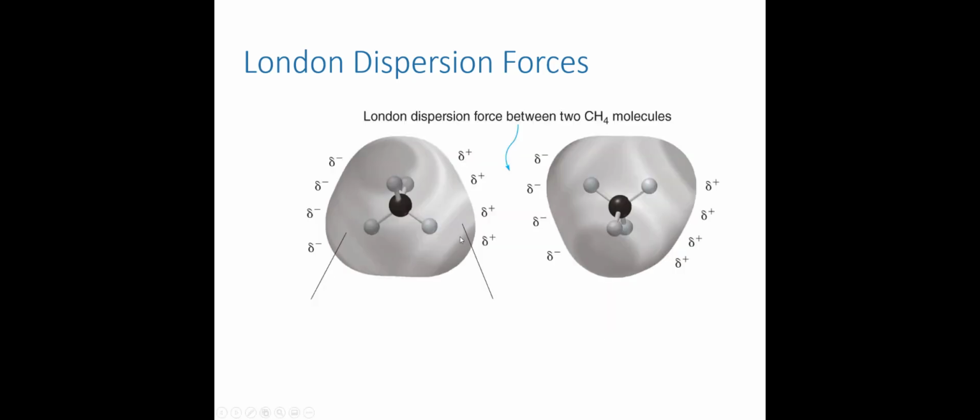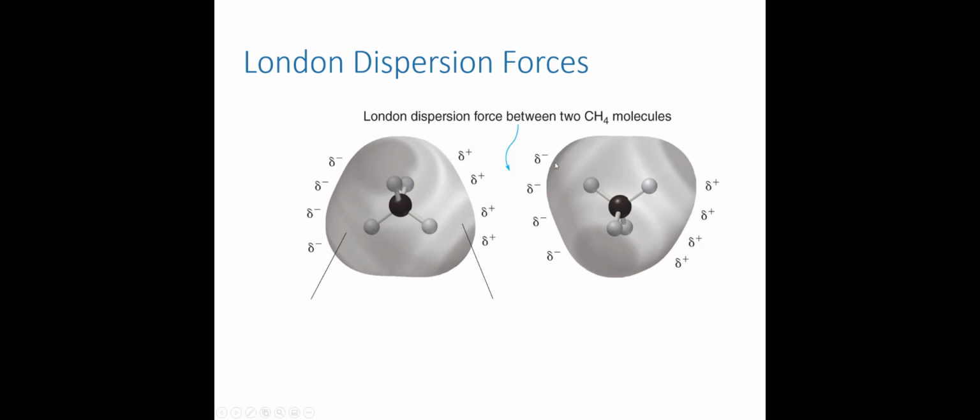So here we're looking at two methane molecules. CH4 is nonpolar, and so there's not normally going to be positive or negative regions with these molecules. However, as electrons move about through the molecule, it is possible that these electrons could, for a moment, tend to favor the left side of the molecule, as we're seeing in this picture. And as the electrons favor the left, the right side becomes positive. When that happens, this molecule can react.